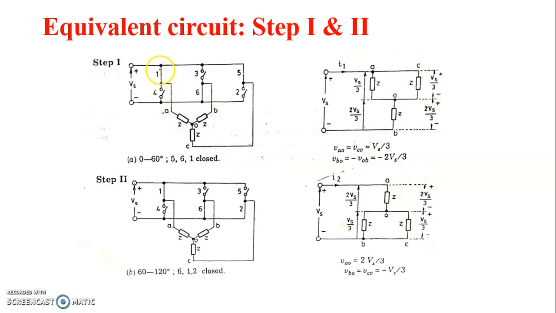Here T1, T5, T6 are in a closed condition. Other thyristors are in an open condition. So conducting thyristors are shown as closed switches, and non-conducting thyristors as open switches.